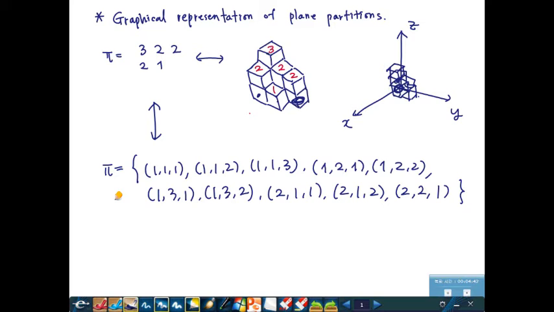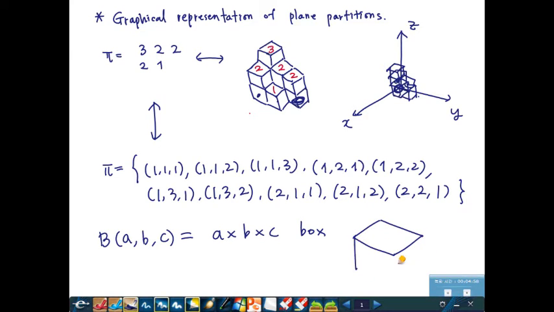Now I'm going to define B(A, B, C) as the A times B times C box, meaning something like this. Here we have A boxes.